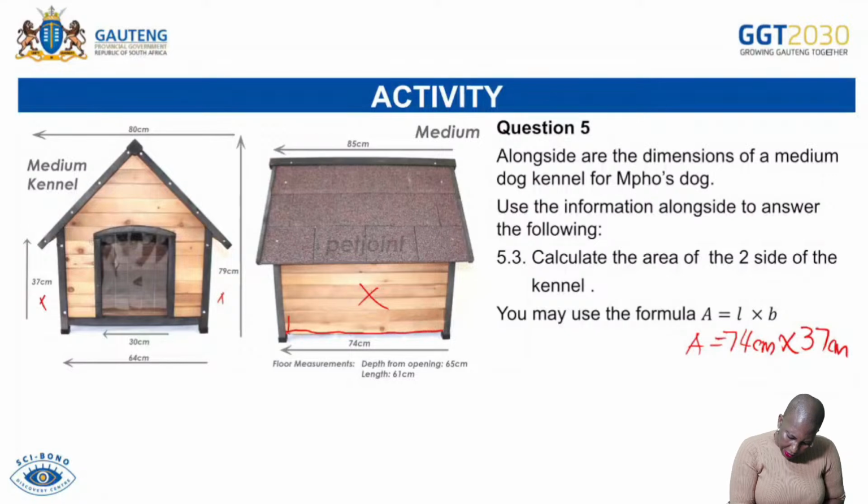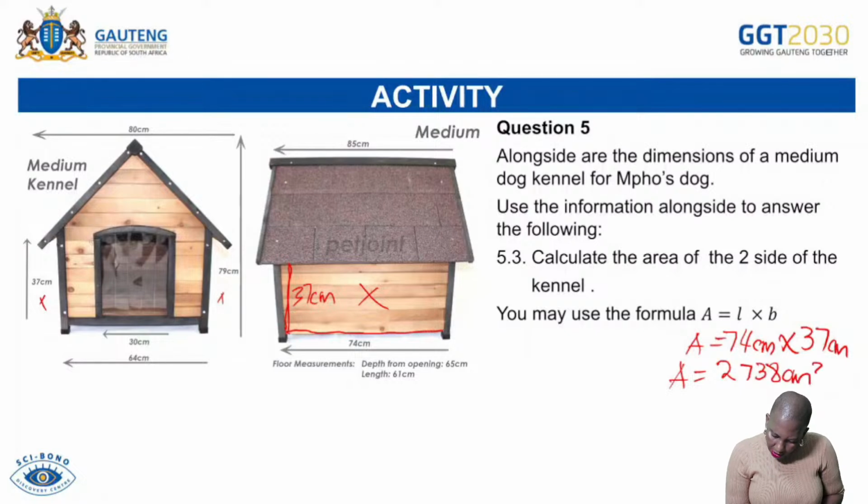And then we simply say 74 because we are talking about this part from here up until here, and then we are calculating the area. So here it is 37 centimeters. So our area will be 74 multiplied by 37, which will give us what now? The area will be 2,738 centimeters squared.